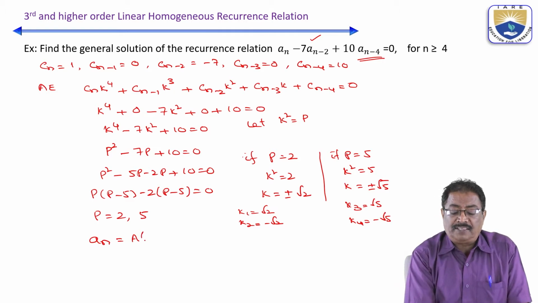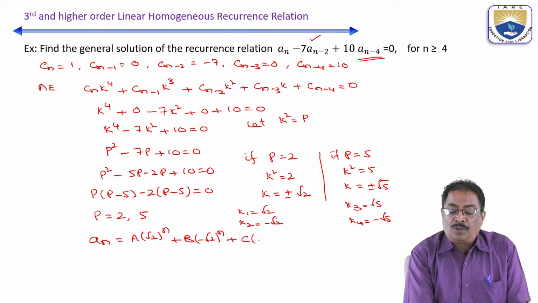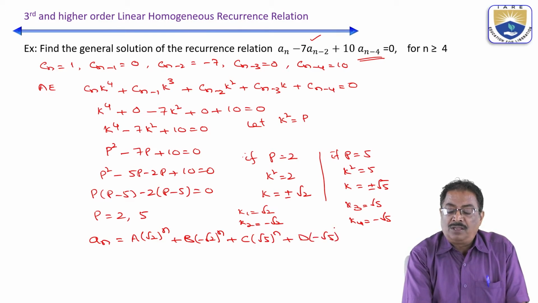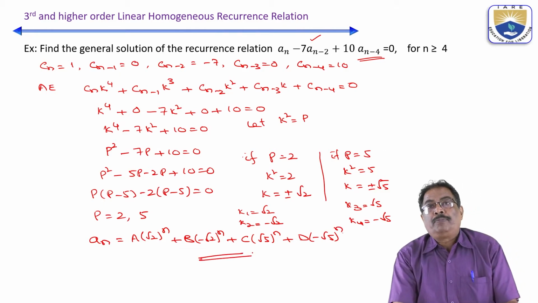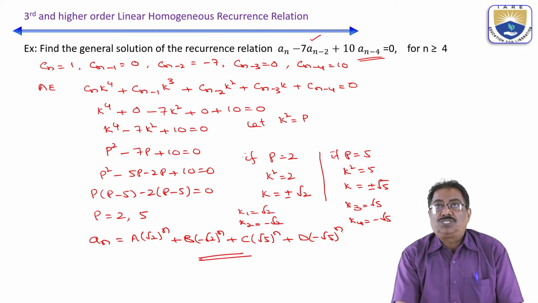So substitute this: a root 2 whole to the power of n plus b minus root 2 whole to the power of n, plus c root 5 whole to the power of n plus d minus root 5 whole to the power of n. So this is the general solution for the given fourth order homogeneous recurrence relation.